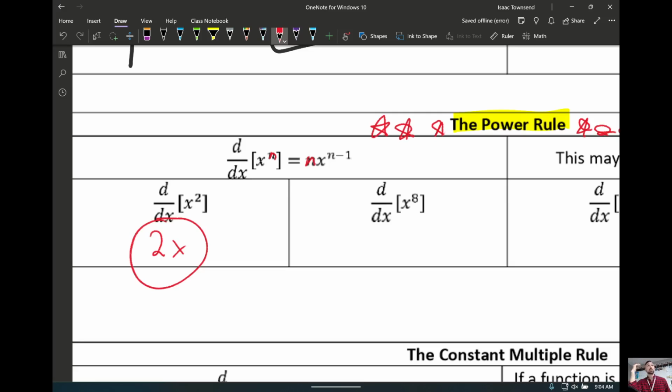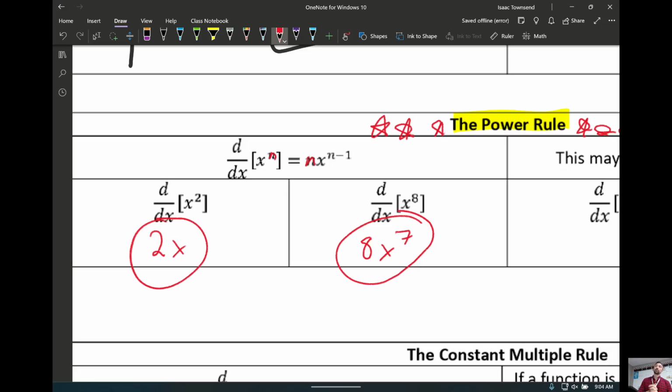Now again, you could put x squared into the definition. You could do f of x plus h minus f of x all over h, and then take the limit as h approaches 0, and you would also get 2x. But this is so common and so easy that we just do it anyway. So again, x to the 8th, bring the 8 down, and then lower the power by 1.